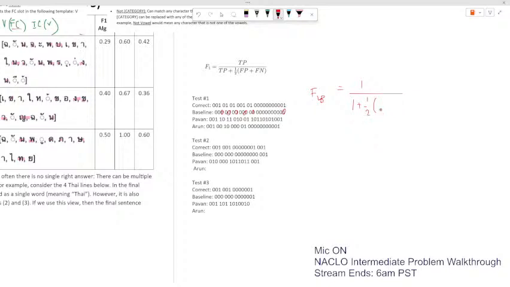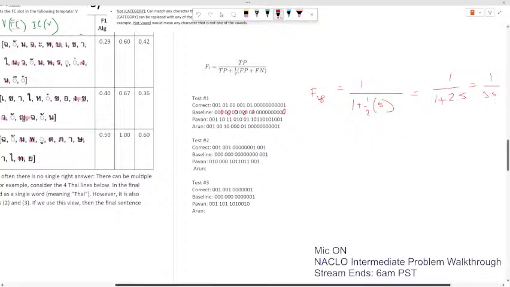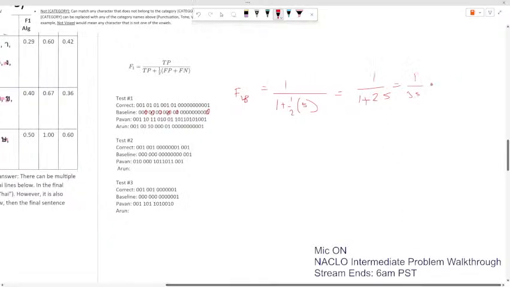So 5 there, so it becomes 1 over 1 plus 2.5. So that's 1 over 3.5 or 10 over 35. We'll just keep it as a fraction for now.